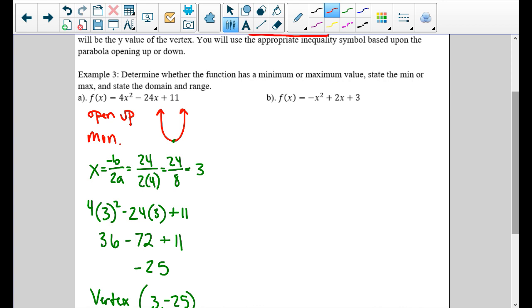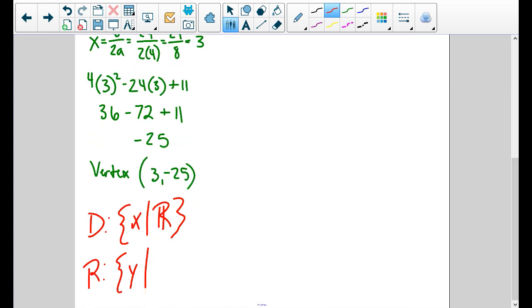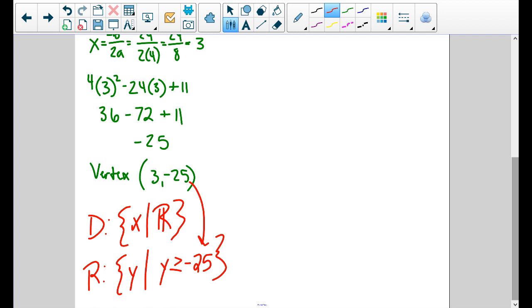So it's y greater than or equal to negative 25. So it always comes from that vertex. The range always comes from the y of the vertex. It's either greater than that number or less than that number, whether it's opening up or down. I'm going to show you this.